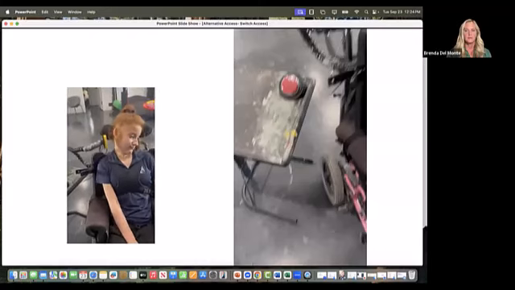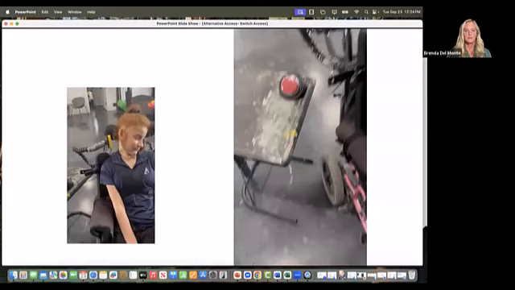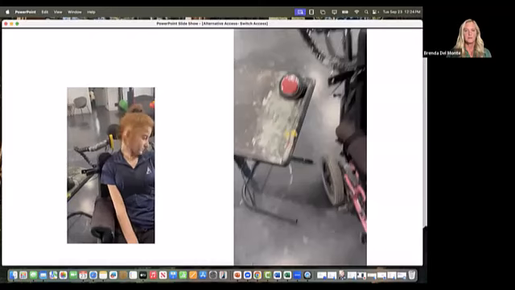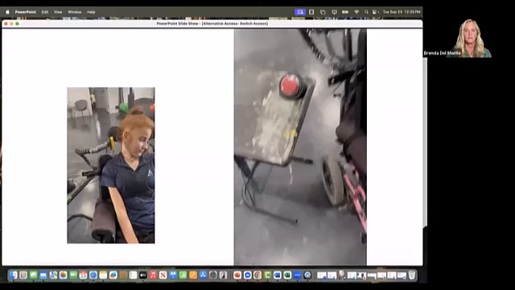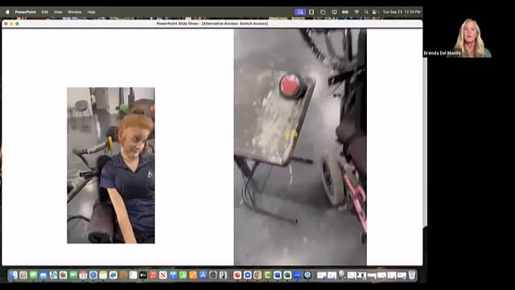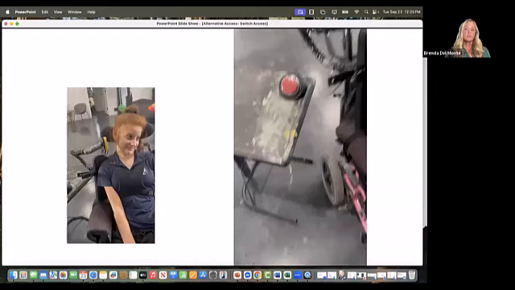Red? Orange? Teal? That's the one. Okay, that's cool. The one.